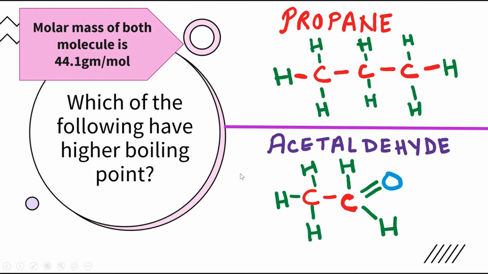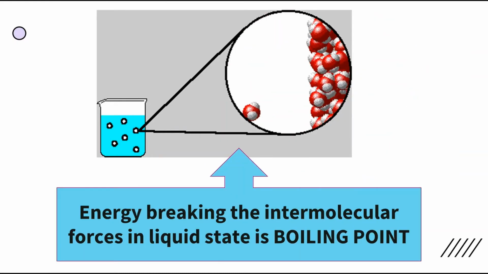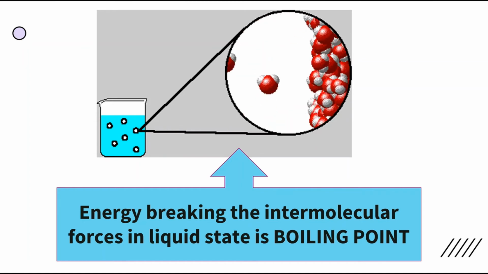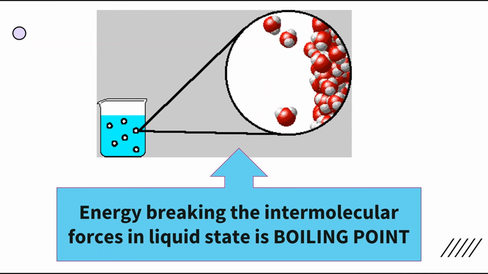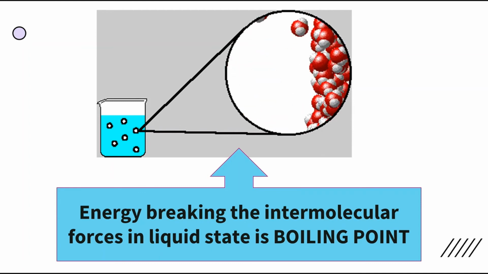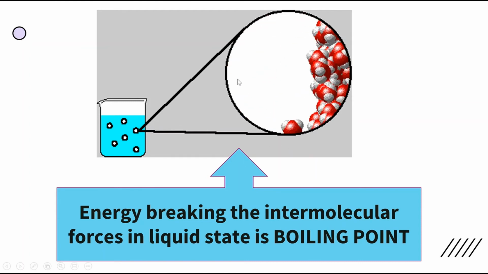So pause the video and think about which of the molecules has a higher boiling point. Boiling point is the energy you need to put into the system in order to break the intermolecular forces, so that the molecules overcome the intermolecular forces, break free and enter the gaseous state.